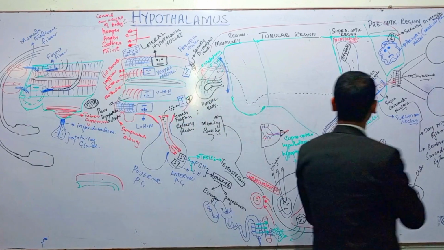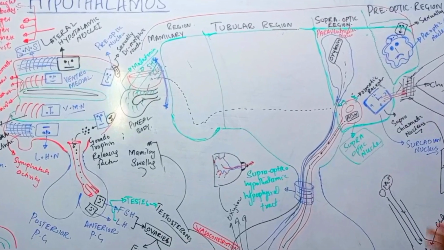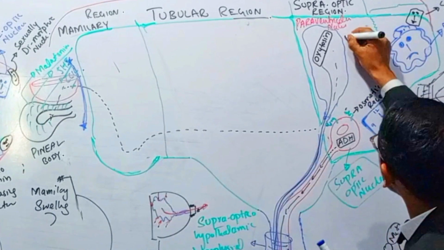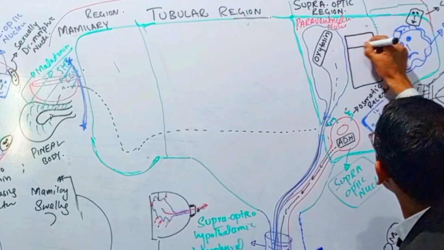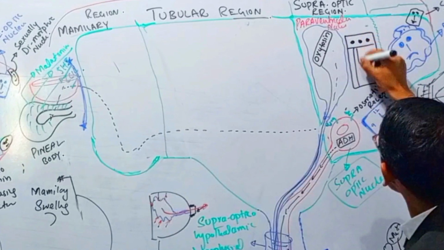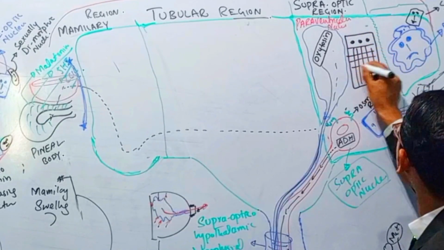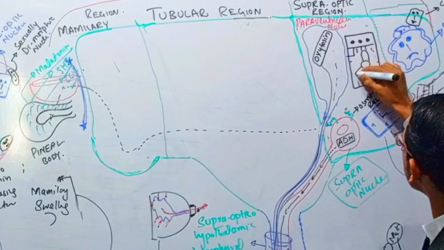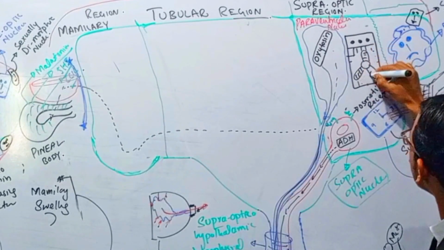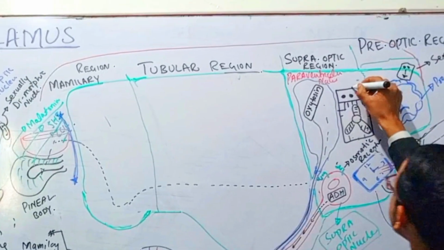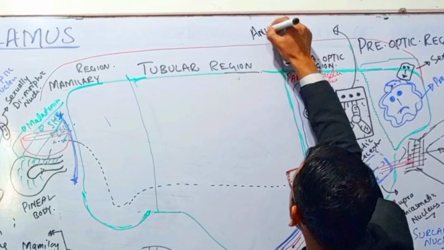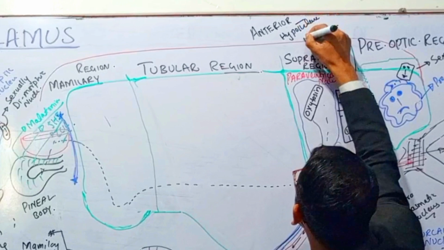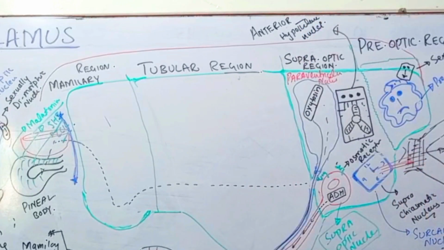The last nuclei present here in this optic region is the anterior hypothalamic nuclei, and this anterior hypothalamic nuclei acts as the AC, the air conditioner system of body, right?